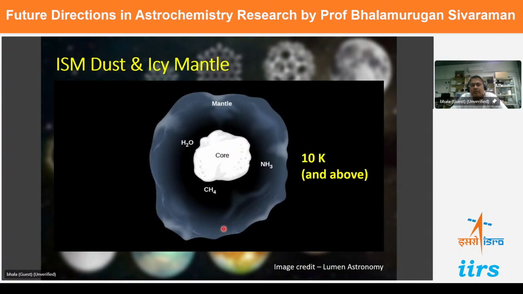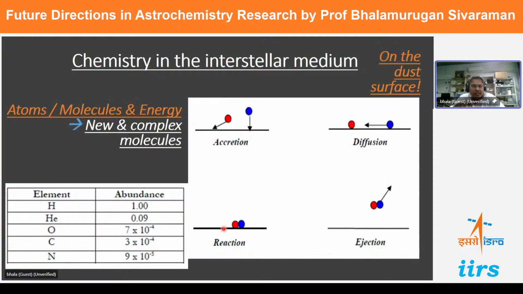Okay, this dust is of the order of a few micrometers, and when it is very cold, it starts gathering all the molecules hitting this dust. So the molecules get stuck to that dust. They make an icy layer, and then it has a lot of molecules, like reactants, which are ready, and the chemistry has to be initiated, right?